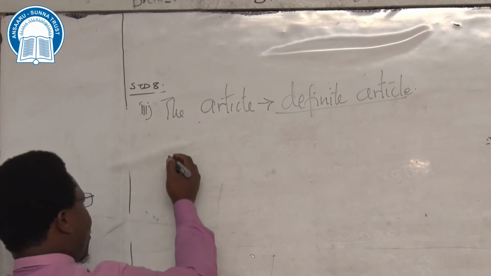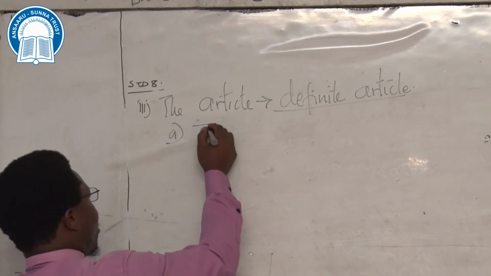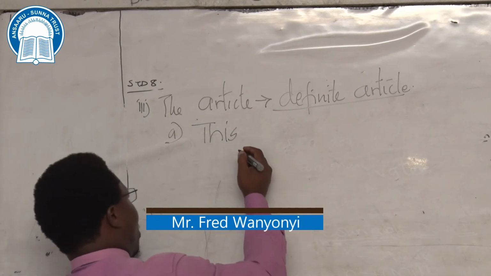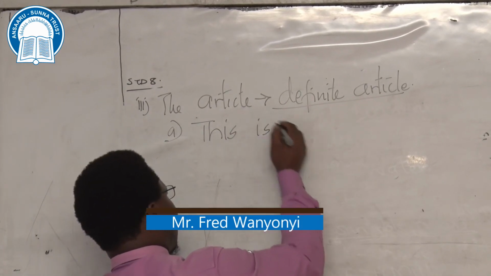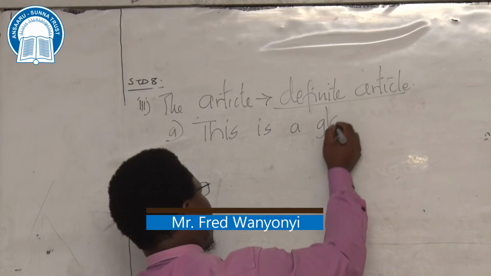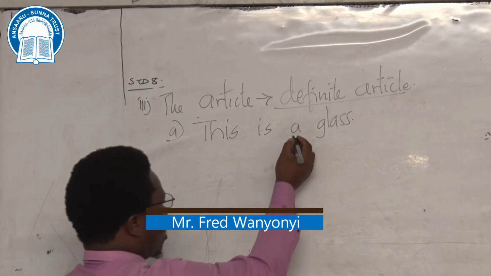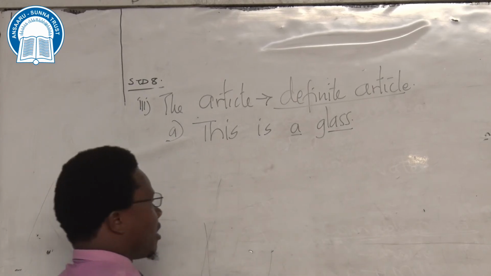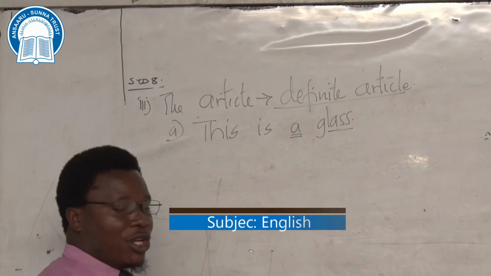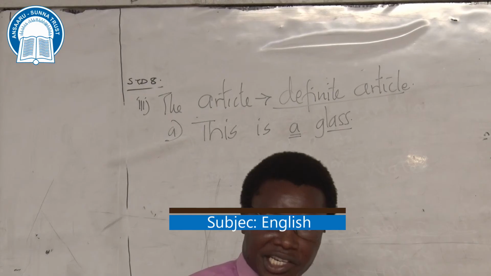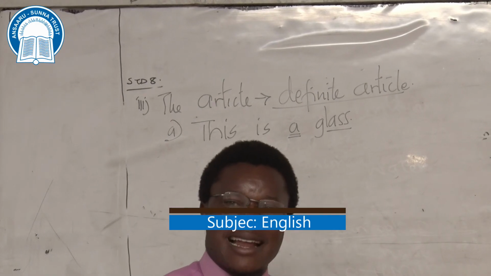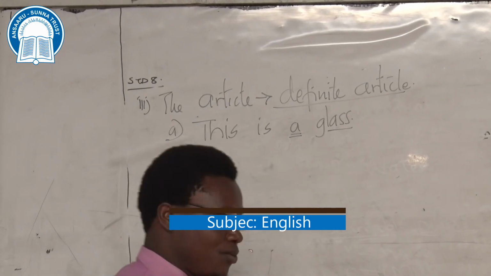If I can take you back to class 1 to 3, where we had the following sentences with your teachers. For instance, you could find a teacher introduce a sentence as, "This is a glass." A has been used because it is when the teacher is introducing glass to you.